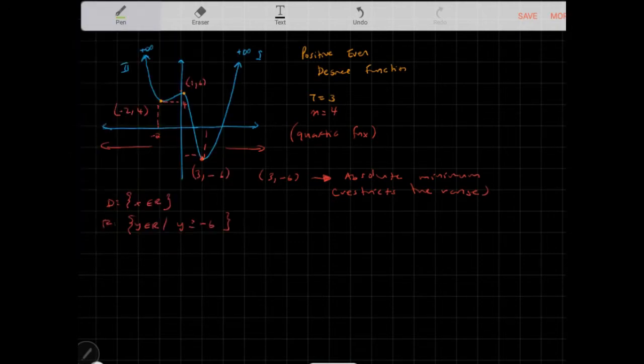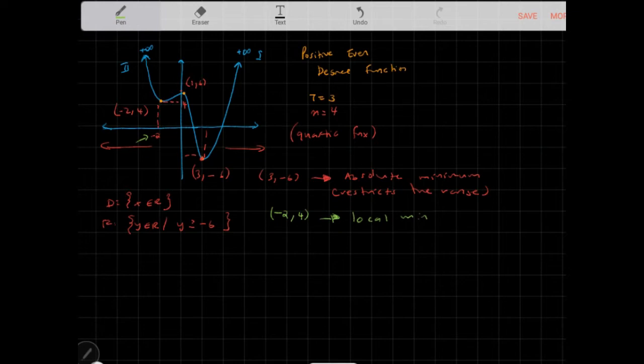However, we can also notice another minimum located at (-2, 4), but this one is called a local minimum. You can have multiple minima and maxima in a function, but there's only going to be one absolute minimum or maximum for each scenario.